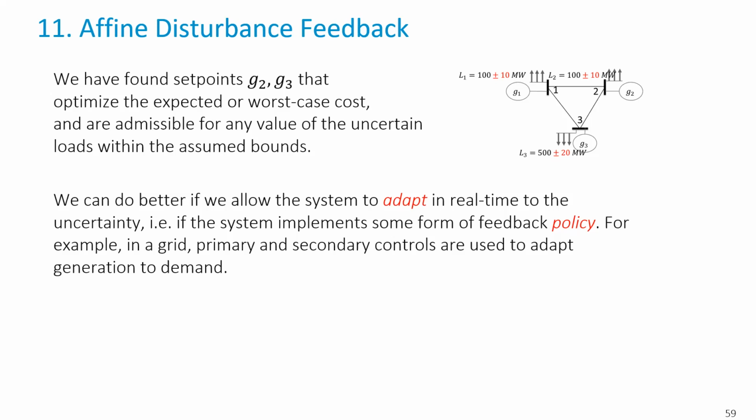So a control law, or in general, is called a policy. So if I can adapt in real time whenever I observe that the load takes a value within the bounds here, the values of the set point will find exactly the value that I have. So a feedback policy, a policy in general, is a system where we adapt to the disturbance and adapt the values of the control variables.